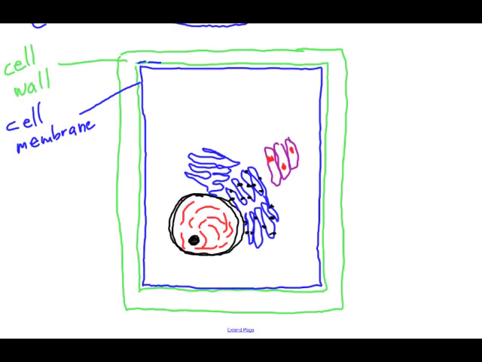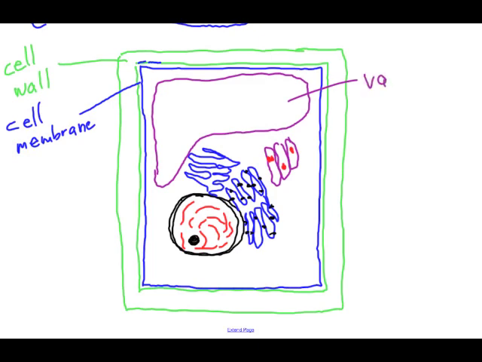But within here, plant cells usually have a very large vacuole. Nutrients, wastes, and other substances that the cell is going to use actually get stored in this region here. So here, we're going to label it as a vacuole. All right.